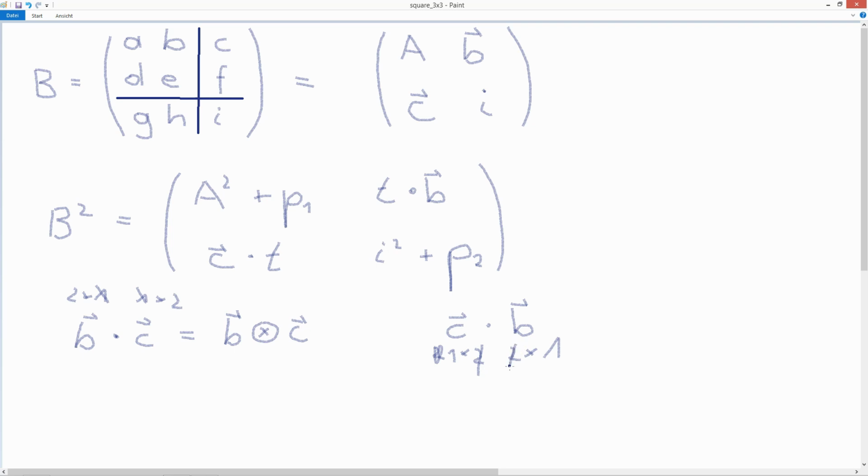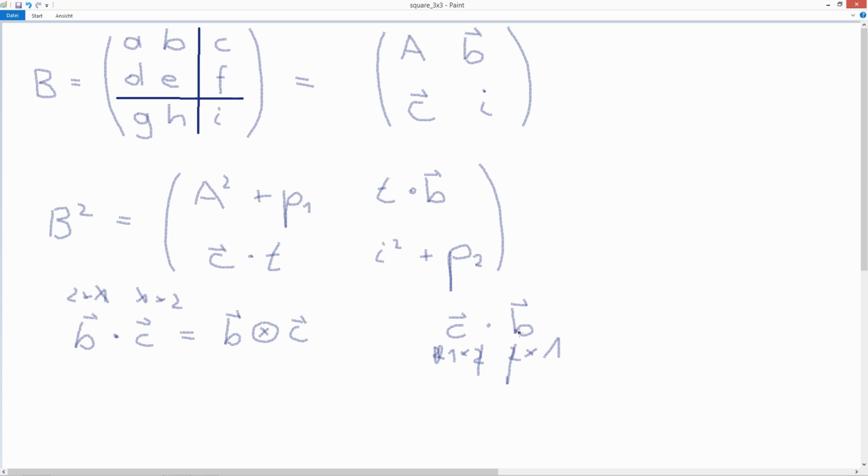So C times B is a 1 times 1 matrix. This product is also called the scalar product or dot product of the vectors C and B.